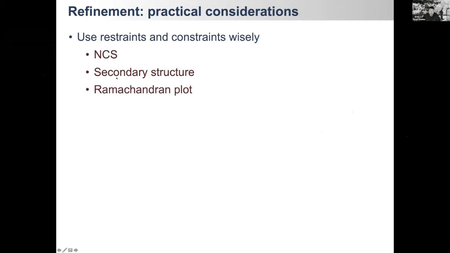Now, very same point about Ramachandran plot restraints. You don't want to bias your Ramachandran plot by using Ramachandran plot restraints at high resolution or medium resolution. But if you work with low resolution data, chances are you need to use Ramachandran plot restraints. That's just a consideration that you need to keep in mind.